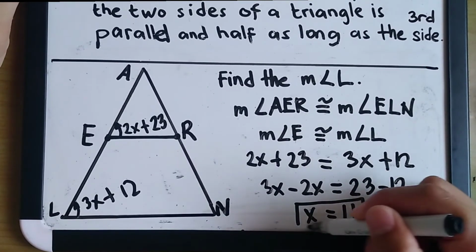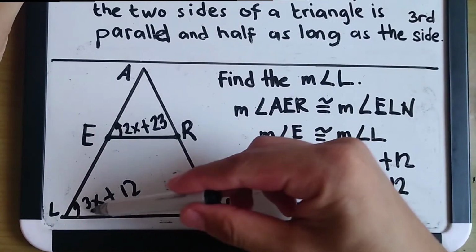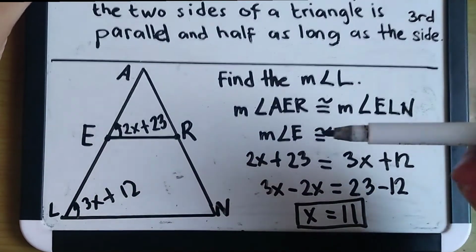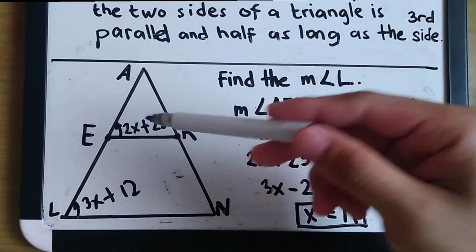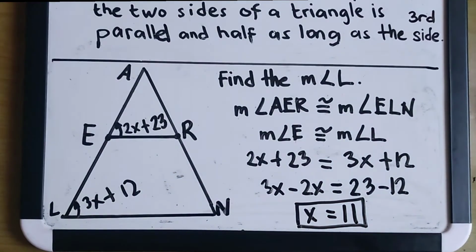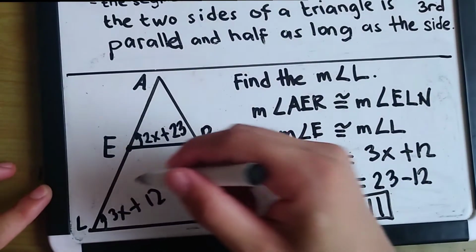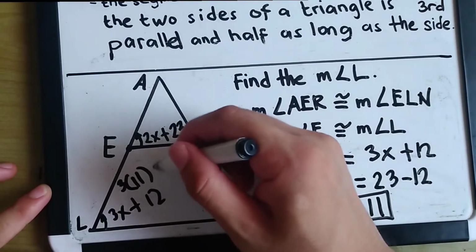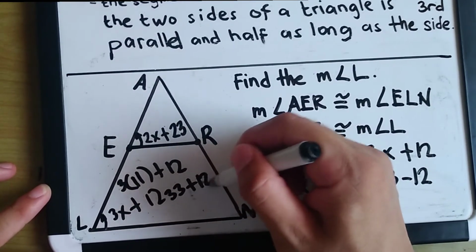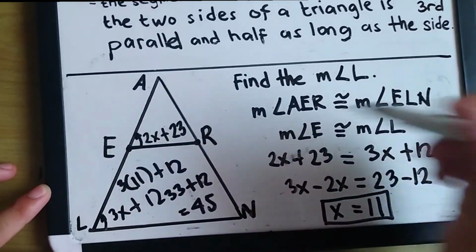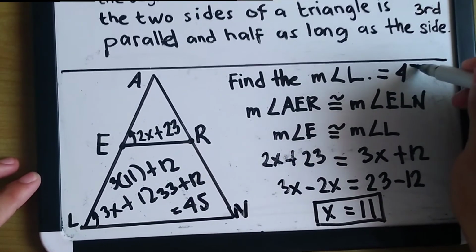We will now substitute this value of x, which is 11, into the given 3x plus 12, so that we can get the exact measure or the exact value of angle L. So we have 3 times 11 plus 12. 3 times 11 is 33. 33 plus 12 is equal to 45. So the measure of our angle L is equal to 45.